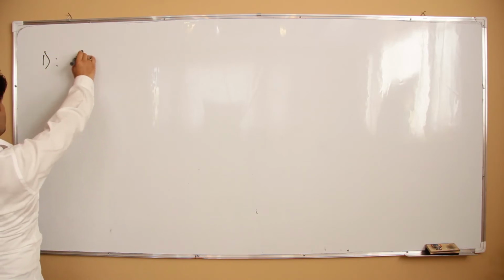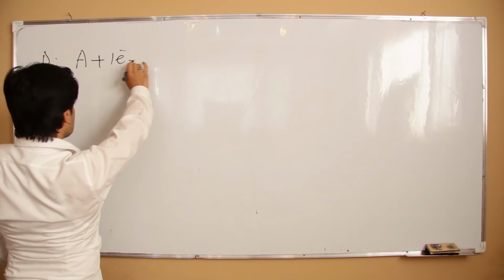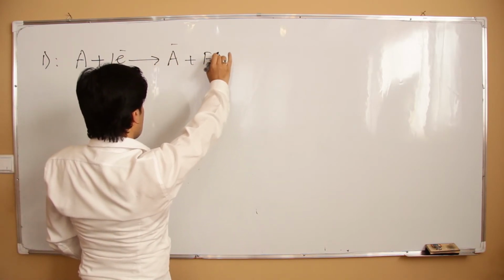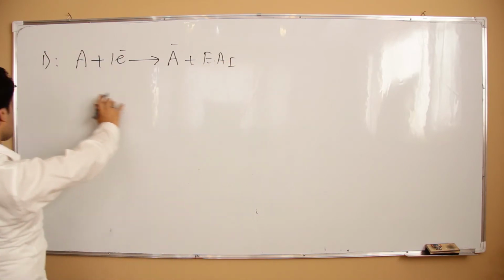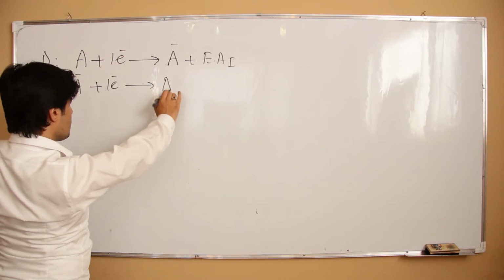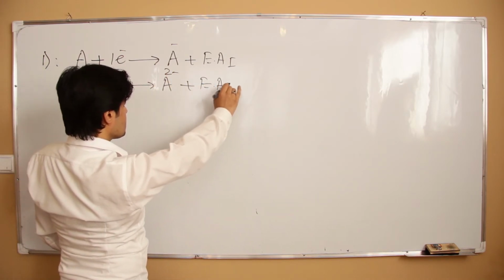First one, if we have an atom A and we are giving it one electron, it becomes A negative plus electron affinity first. Then we have this A negative plus one electron more, it's called A2 negative, plus electron affinity second.